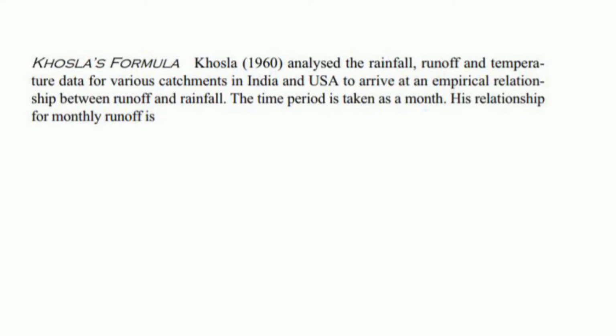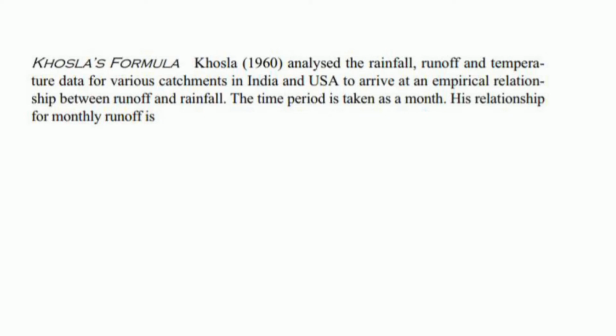Khosla's formula. Khosla in the 1960s analyzed the rainfall, runoff, and temperature data for various catchments in India and USA to arrive at an empirical relationship between runoff and rainfall. The time period is taken as a month.